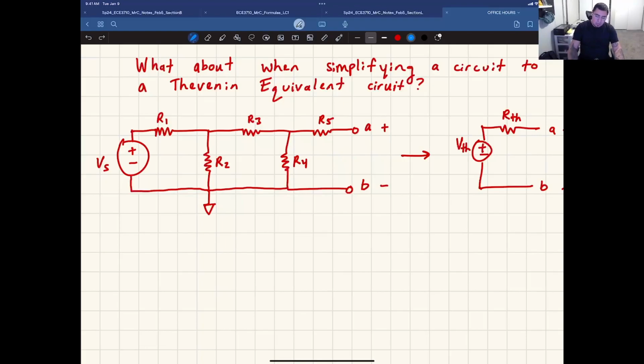If you're trying to simplify a circuit to a Thevenin equivalent circuit, you're doing it from the open circuit, assuming we were solving for voltage or current. That's why I'm using the word open circuit.